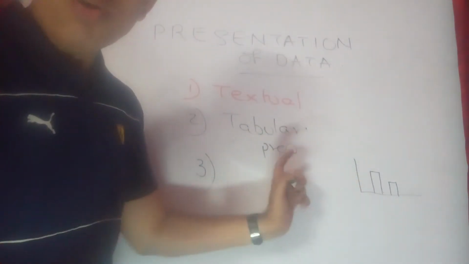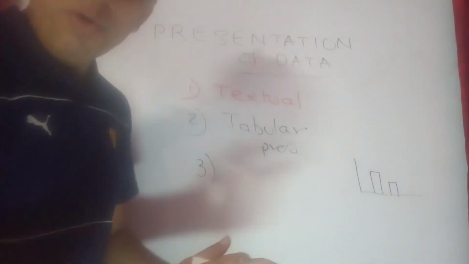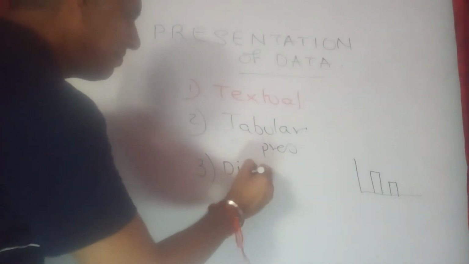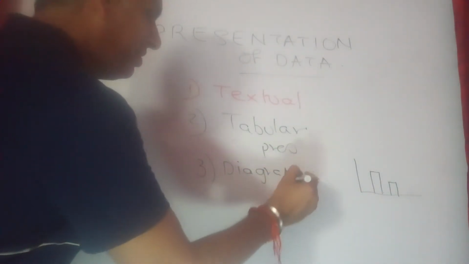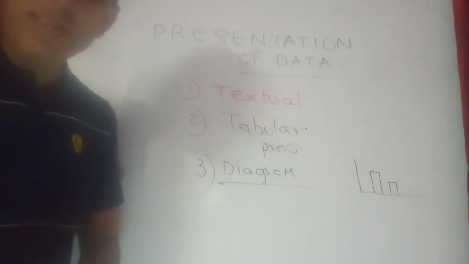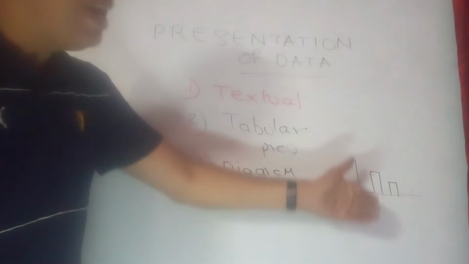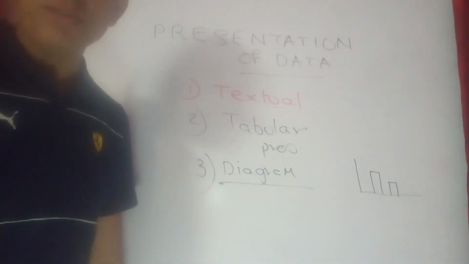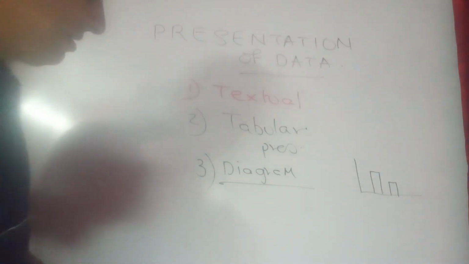Whether presented vertically or horizontally, both will be referred as diagrammatic presentation, right? Diagrammatic presentation with the help of a diagram. So the third method of presentation with the help of these bars is diagrammatic presentation. I hope all of you are understanding it.